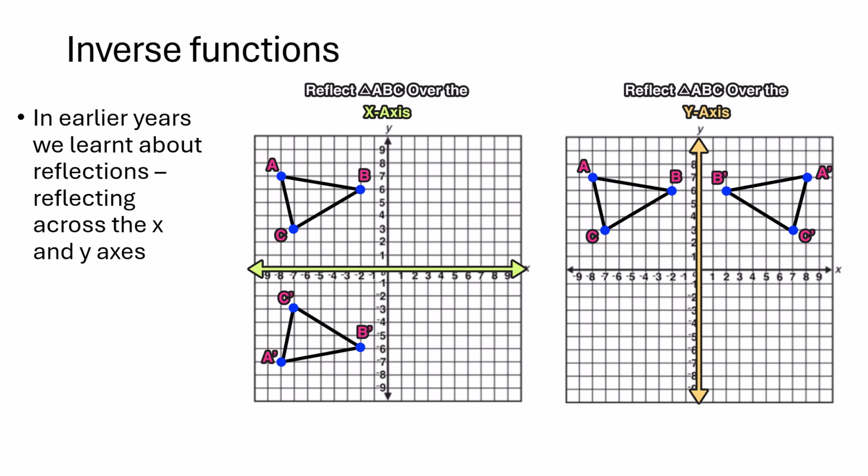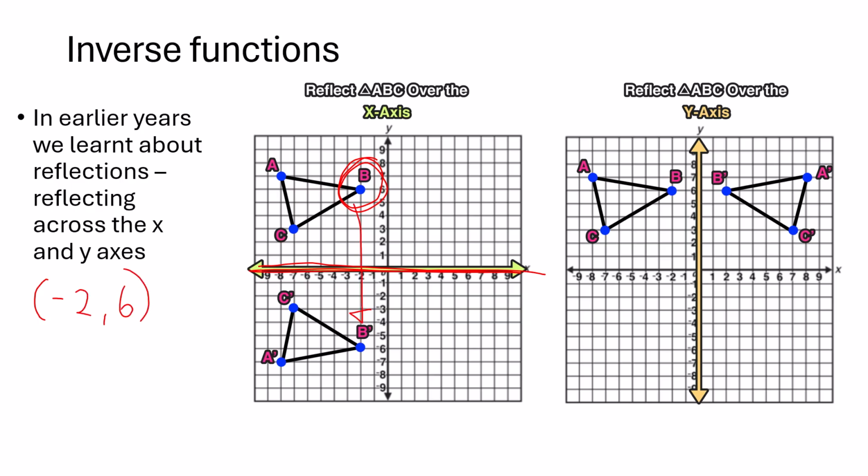Now, back in high school, we looked at how to reflect things across the axes. So here we are going to reflect the shape across the x-axis. Now if we look at just one point here, it is at -2, 6.